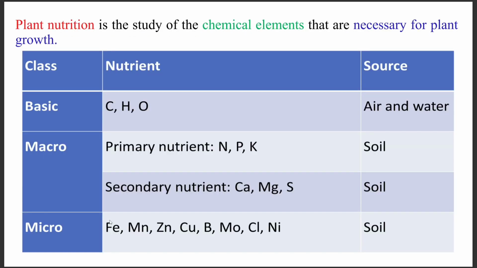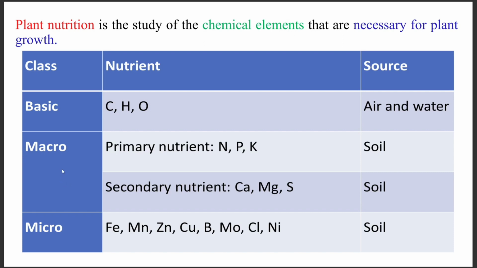So in the plant nutrition study, we can see there are different types of nutrient classification: basic, macro and micro. Basic are carbon, hydrogen and oxygen. These are present in air and water, and they are very important because they create the primary structure of the body of the plants.